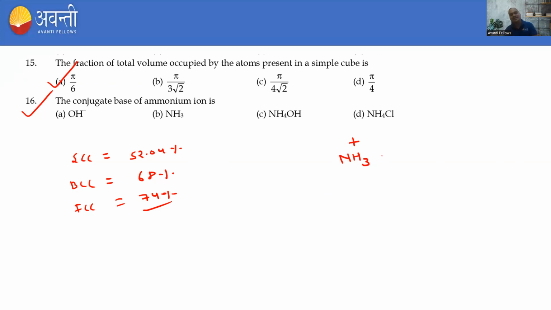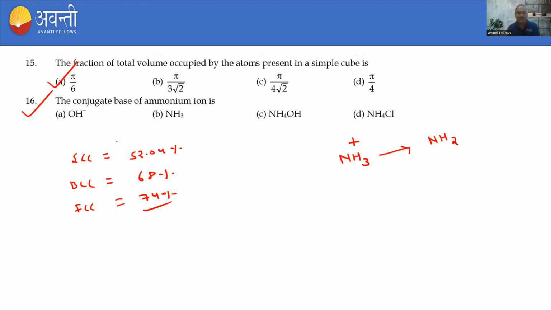So we all know this acid has a tendency to lose electron, or we can say it has a tendency to donate H plus. According to the Bronsted-Lowry concept, an acid has a tendency to lose H plus, and they're asking conjugate base of ammonia. So assume this behaves as an acid right now. So this will become NH2, right?